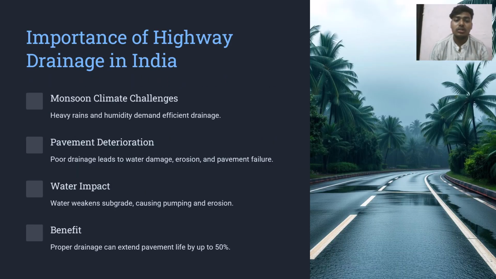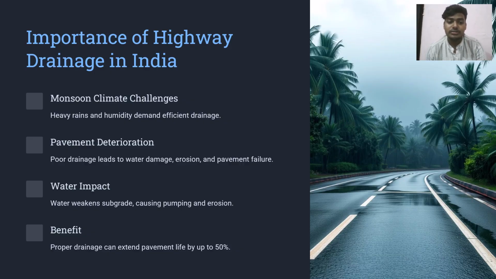Then now we are talking about the importance of drainage in India. Monsoon climate changes. As we can see, there are too many climate changes in India nowadays, because there is rain in winter and summer also. So heavy rains and humidity demand efficient drainage.